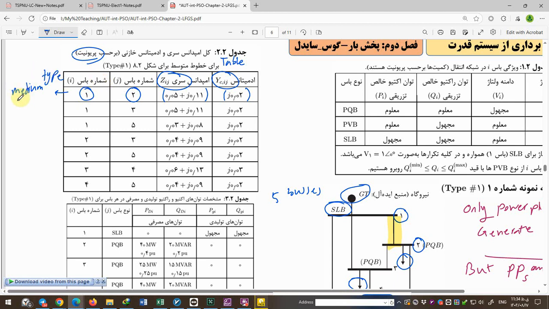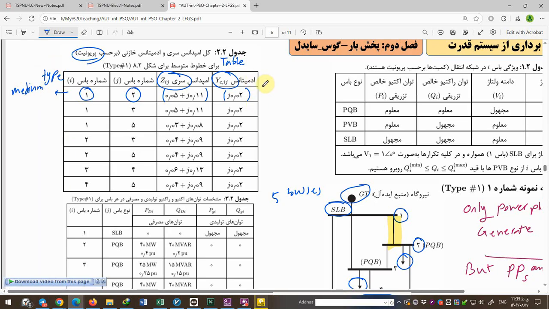And the long type of transmission line has a complex model. But in this course, we only use the medium type of transmission line.